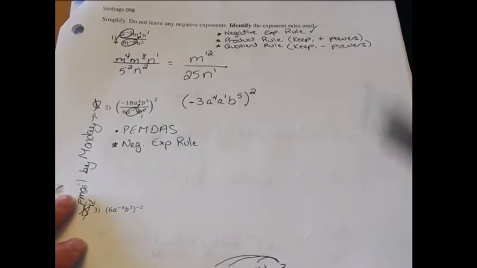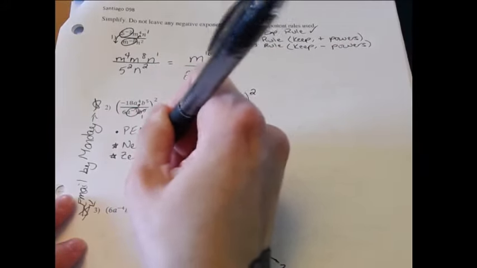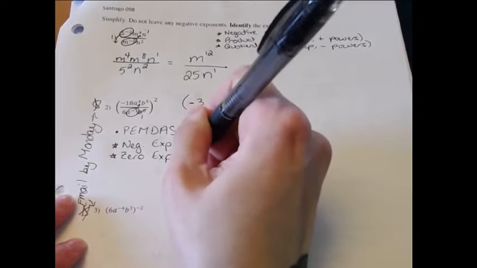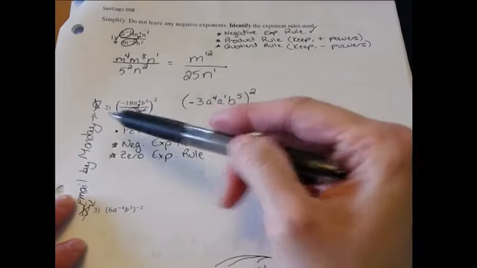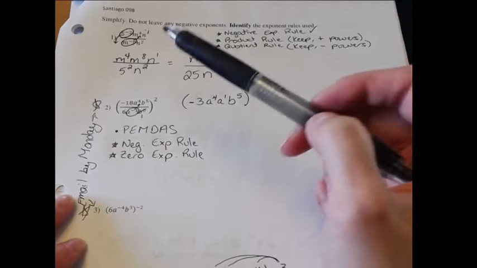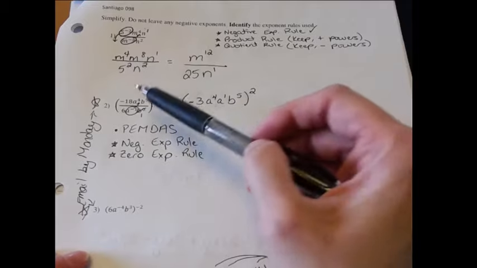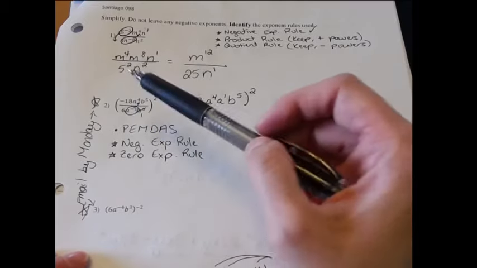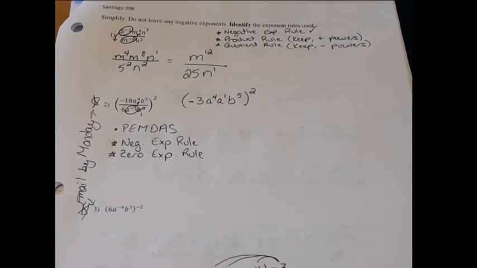And we used the zero exponent rule. Notice we did not use any quotient rule because we actually didn't divide anything. The only pieces we divided were the negative 18 and the 6, and those are my numerical bases, so I didn't actually apply that quotient rule to variable bases.